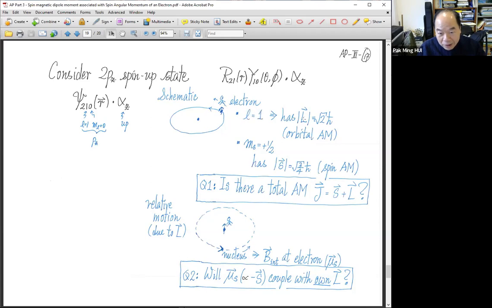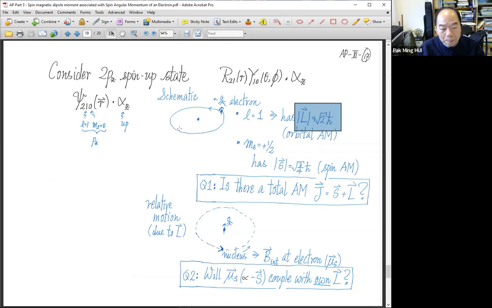And we know that there is this non-zero orbital angular momentum. This is the magnitude. According to the Bohr picture, which is not quite right, we can think about the electron in an orbital motion. So something like a circular orbit. But from your electromagnetism study, you know that an electron going this way is like a current going the opposite way.